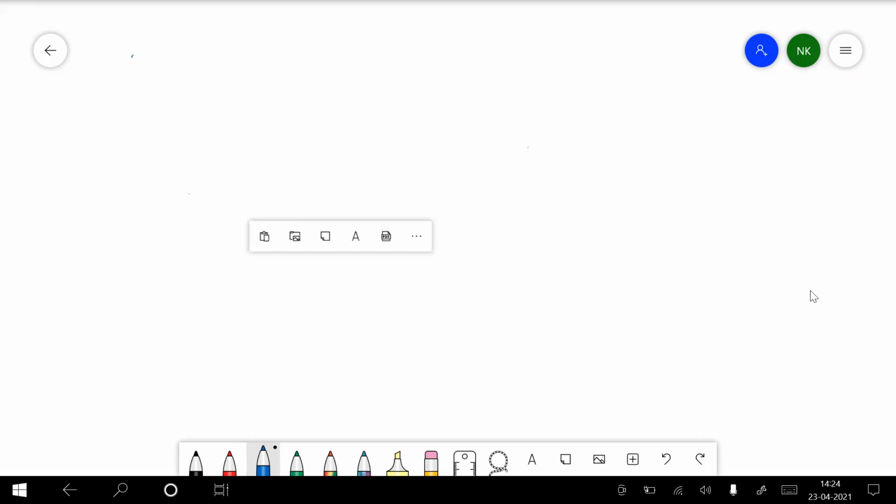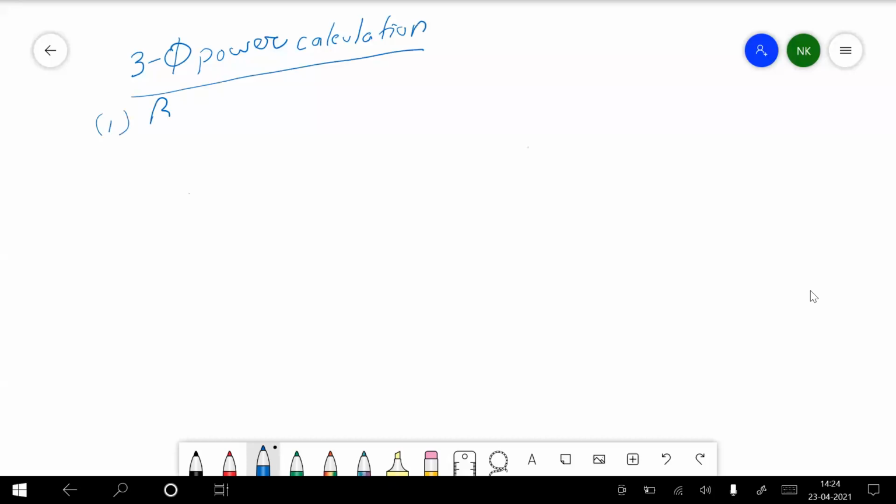So we have seen three-phase power calculation for a balanced circuit, a balanced network, that is for your Y connected network, Y load.